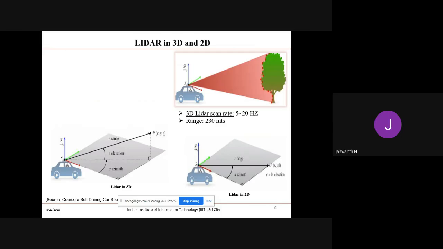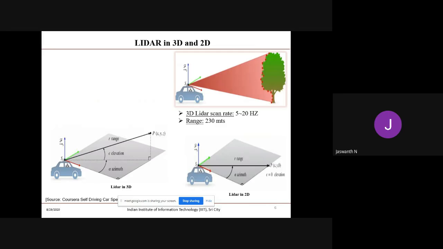You can clearly understand that azimuth and elevation angles tell us the direction of the laser pulse, and the range tells us how far in that particular direction the target point is located.